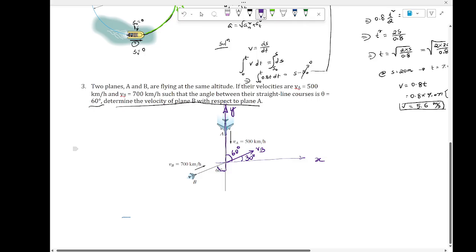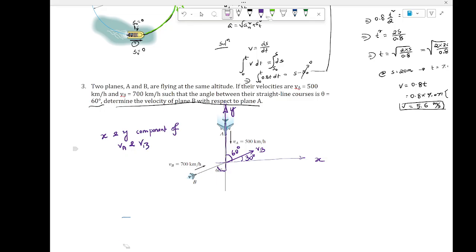Now, what would be the technique to solve this problem? Remember, in one problem we did that. We find the components of x and y for the velocity. So we'll be using that technique. In other words, we're going to find the x and y component of VA and VB. So that would be our technique, right? To find the x and y component, let's focus on VB first.